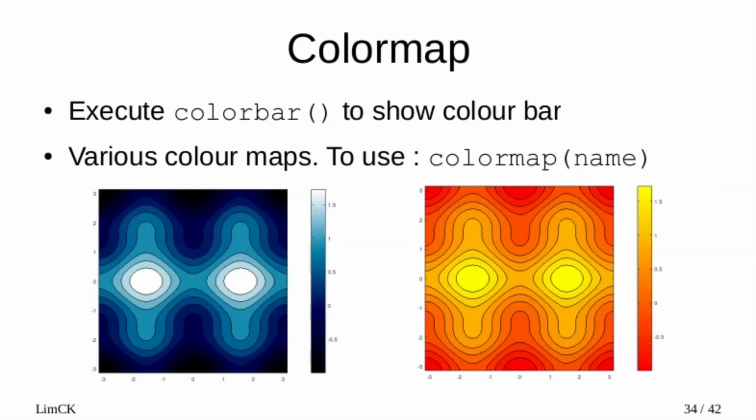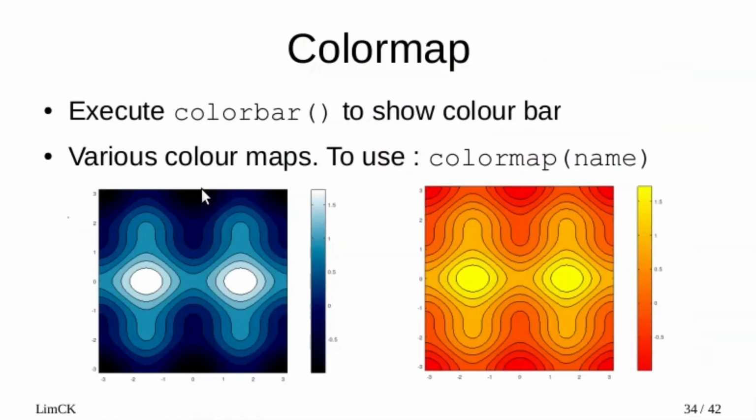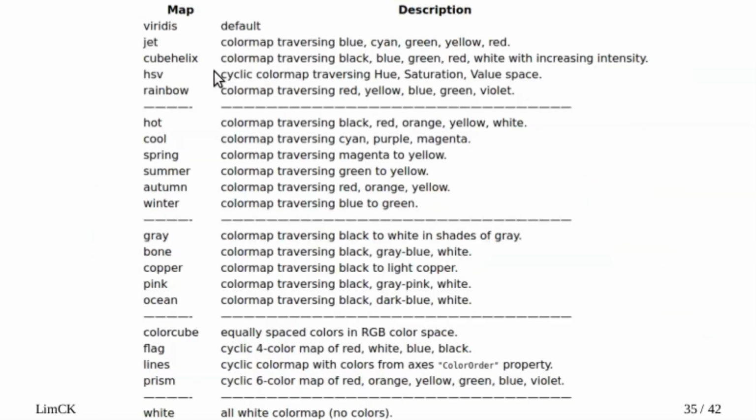One more thing is about color maps. If you do not like this one, where yellow means highest and blue means lowest, you can change the color map using the colormap function with the name. There are in fact many color maps here, and you can change to any one depending on your preference. I just demo one example.